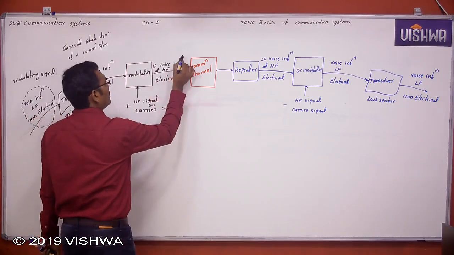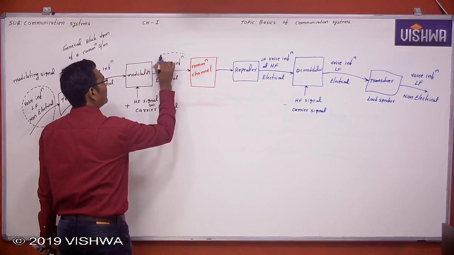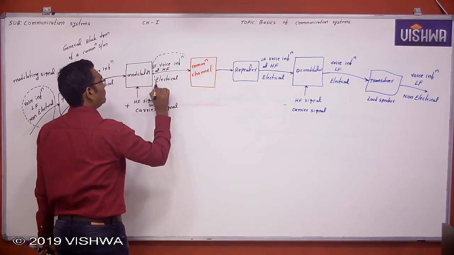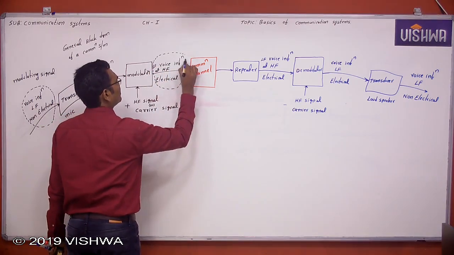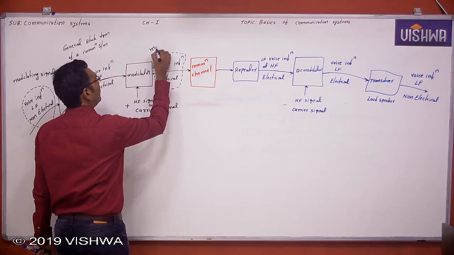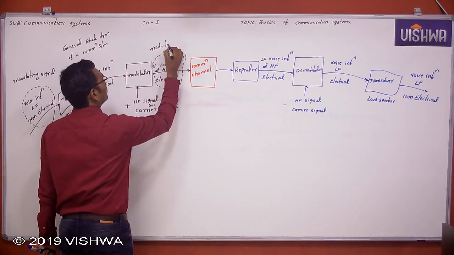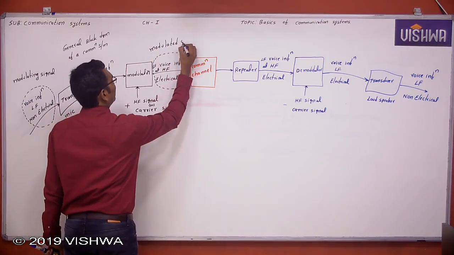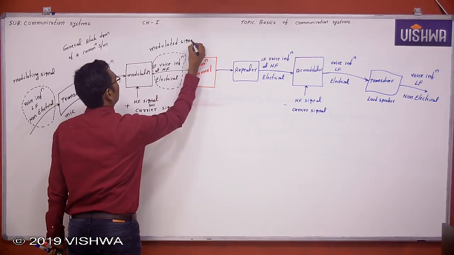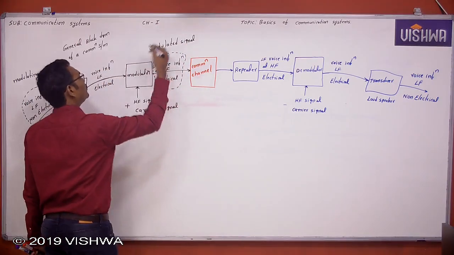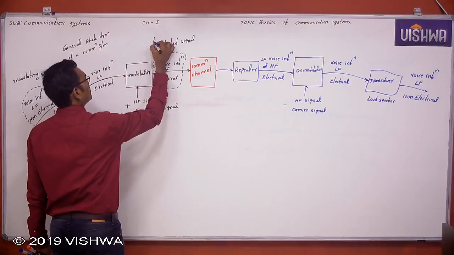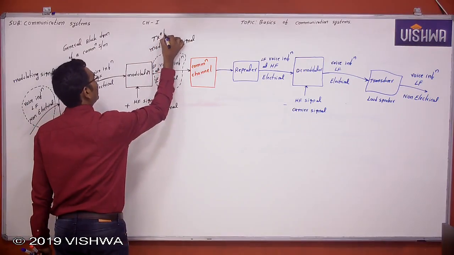Now this is after modulation. Modulation is done. Therefore this is called the modulated signal. Now this is the signal which is going to the channel. Therefore this is nothing but the transmitted signal.